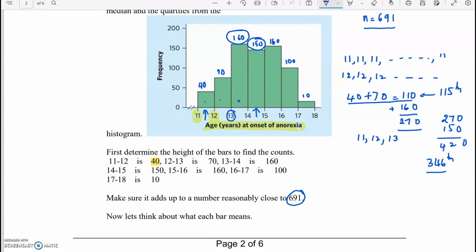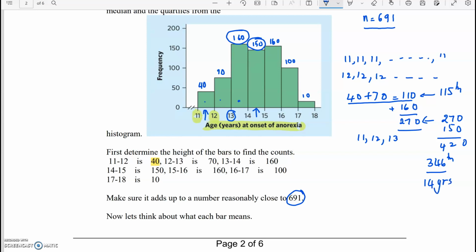It cannot be in the third bar because there are 270 people included in the first three bars, that is 11, 12, and 13-year-olds. The next bar contains the 346th number, and the 346th number is 14.